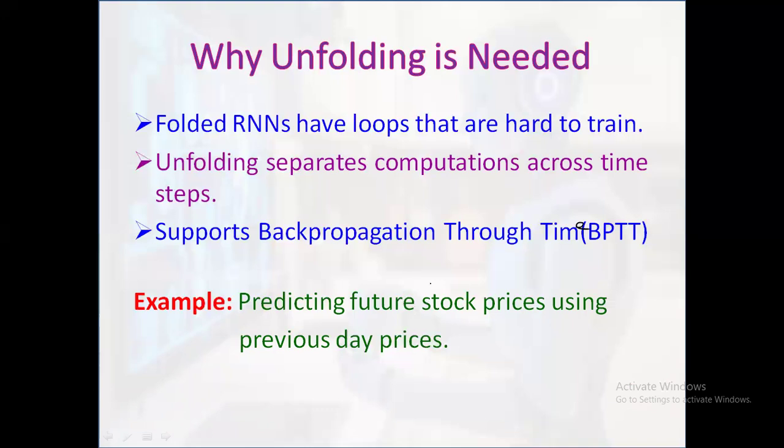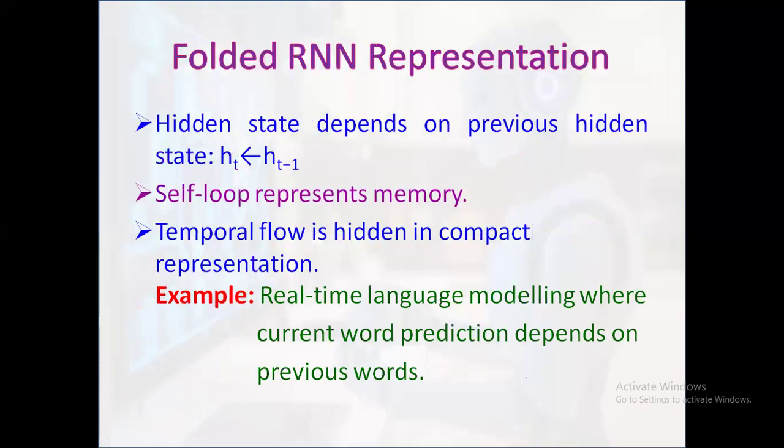The example for this case is predicting future stock prices using previous day prices. Today's price will go up, and by considering yesterday's price, we are going to predict tomorrow's price. In this case we can see why unfolding is necessary.